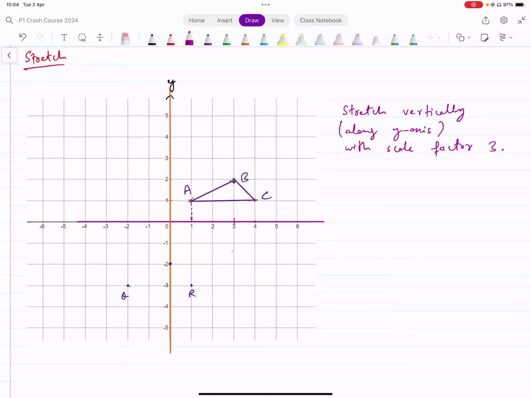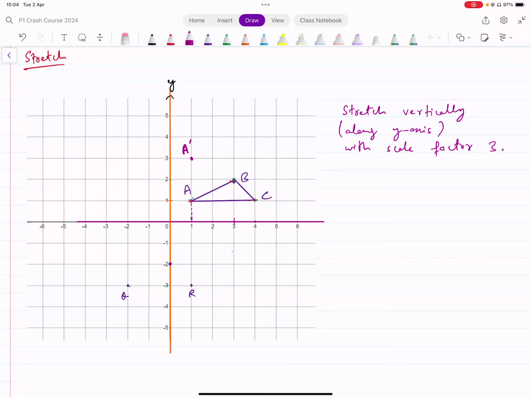This point A, where is this point A going to go? It's 1 unit from this line right now. It will go 3 units from the line. So it's 1 unit at this point. 1 into 3, it goes to 3. The point A is going to go here. Its distance initially was 1. That gets multiplied by 3.